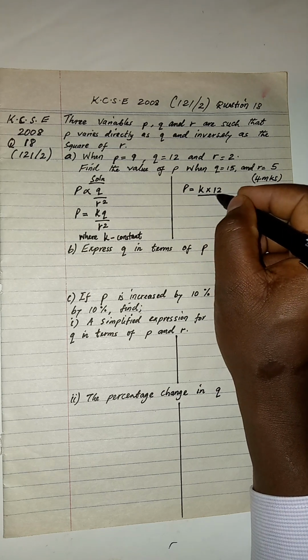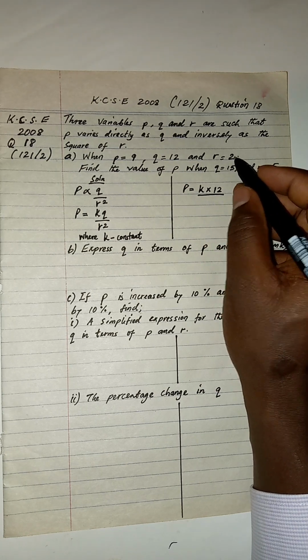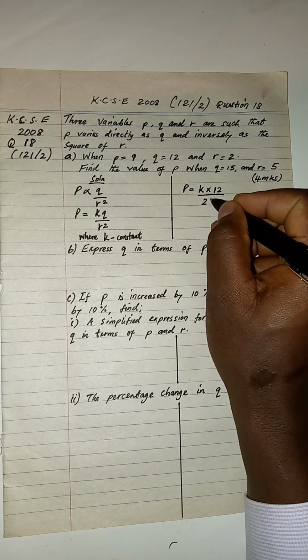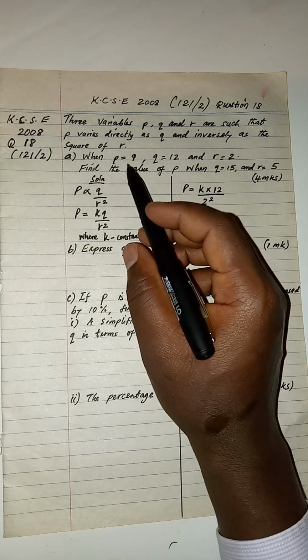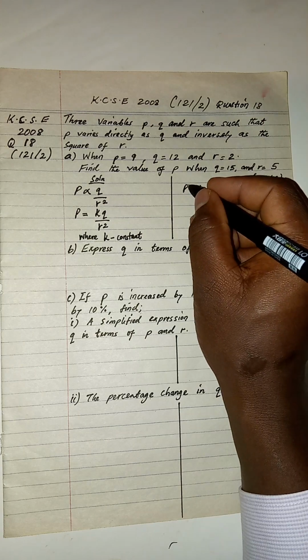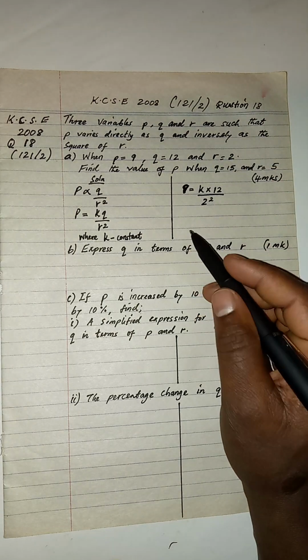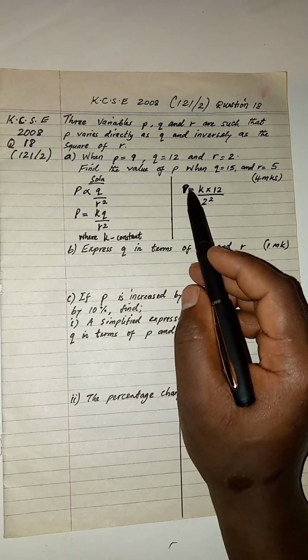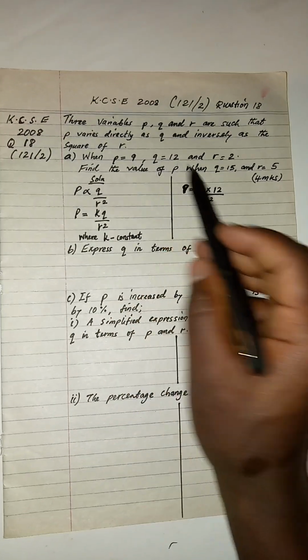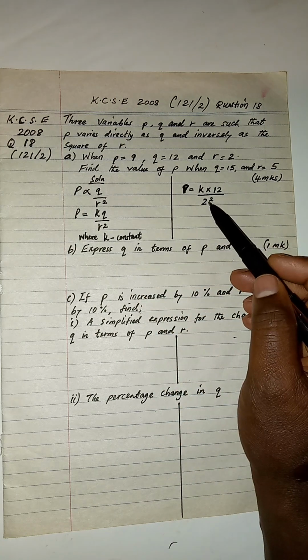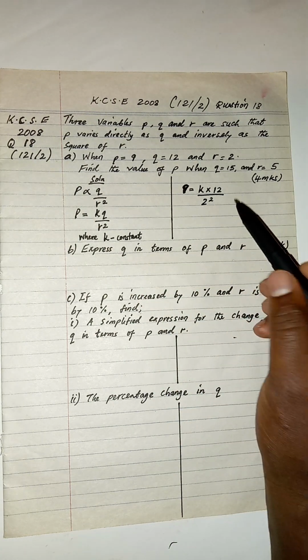over R squared. R is 2, so we can say 2 squared. And the value of P is 9. So the value of P is 9, the value of Q is 12, and the value of R, since R is squared, is 2 squared.